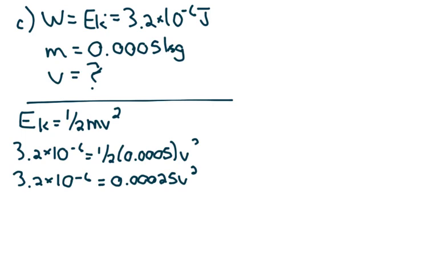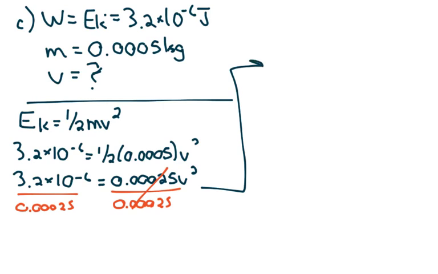We're trying to find v, so we need to divide both sides by 0.00025. Do that up here.